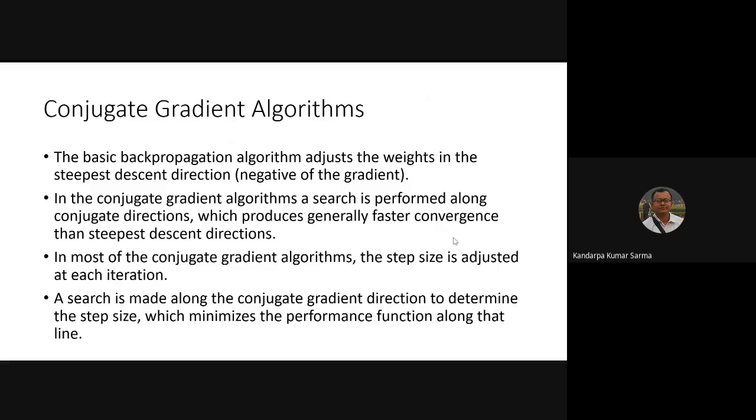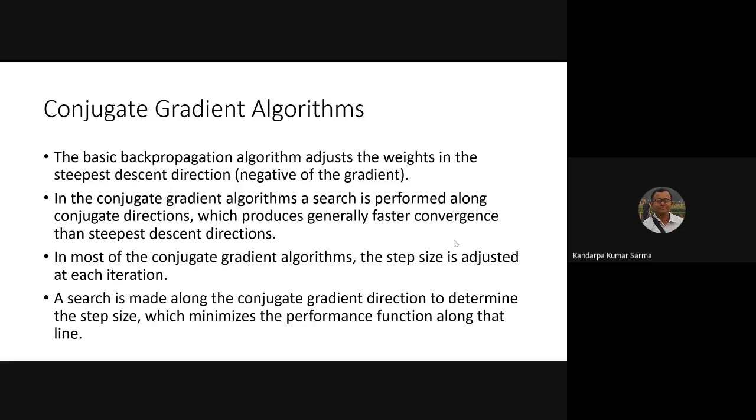Now there is one more set of training functions that are regarded to be fast. These are called the conjugate gradient training algorithms. Now the most striking part shall be that the weight search or the learning rate search or the step size search is done in a conjugate form.